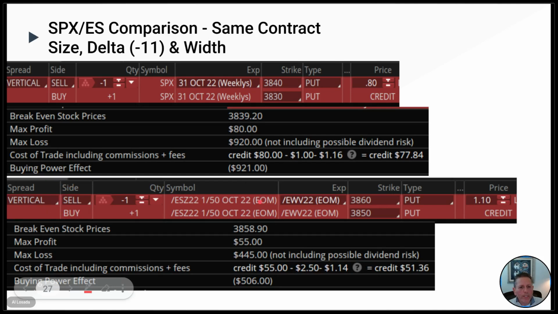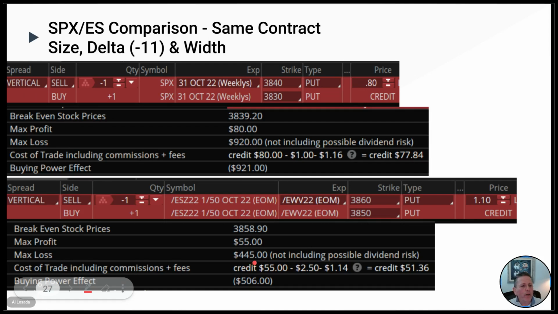Now with a vertical for ES, you can trade this with 38.60, 38.50. That's a 10 wide. Right now, you're getting $1.10 on this. However, you have to cut that in half, so your max profit is 55 cents because of the multiplier. Your max loss is $445.